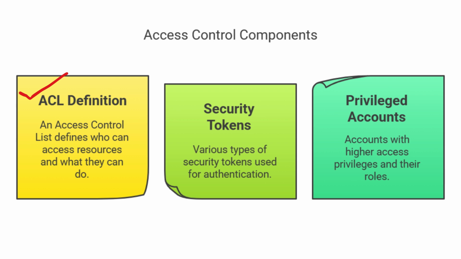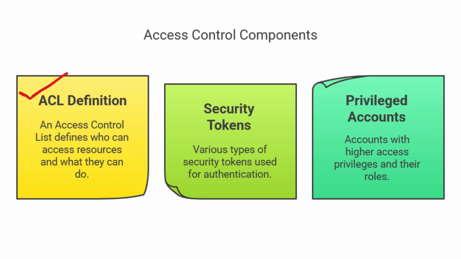Think about the permissions on a shared Google Drive folder: Alice can read, edit, and delete files. Bob can only view files. And Charlie is denied access completely. This is an ACL in action. The system checks the user's identity and matches it against the ACL before allowing or denying access.